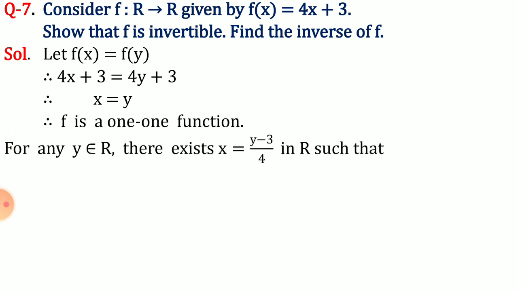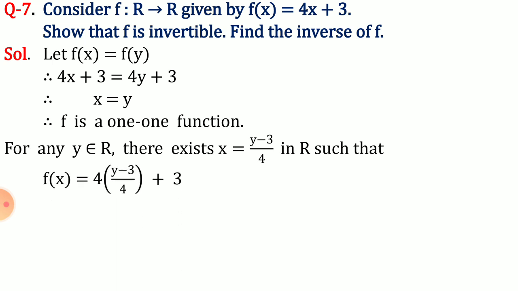For every y belongs to R, there exists x equal to y minus 3 upon 4 in R such that f of x is equal to y. Why is f of x equal to y? Substitute x equal to y minus 3 upon 4 in f of x.